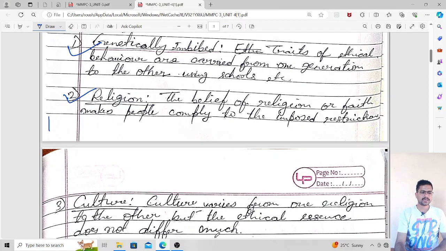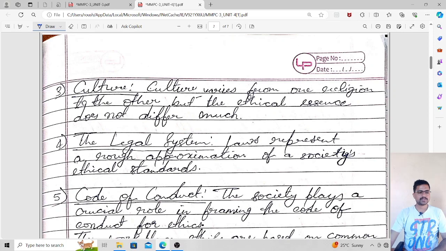Then the third one is culture. Culture varies from one religion to the other, but the ethical essence does not differ much from one religion to another. Most of the ethical essence remains as it is.